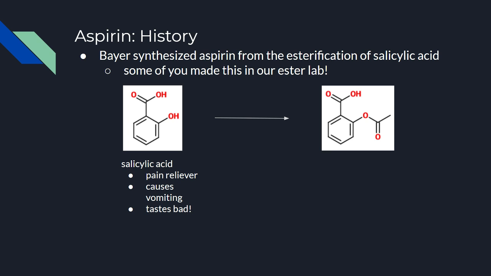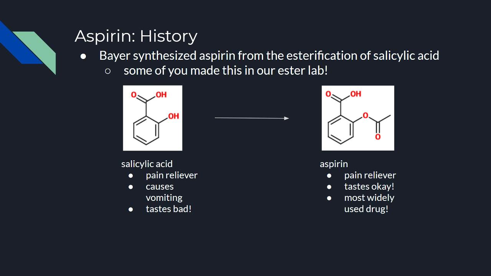So on the left, while it was effective in reducing pain, a lot of people didn't like the downsides, and it actually made the downsides much more intolerable than its benefits. So what Bayer did, and it's kind of interesting because you did this in a lab, actually did it very easily, was able to create aspirin.